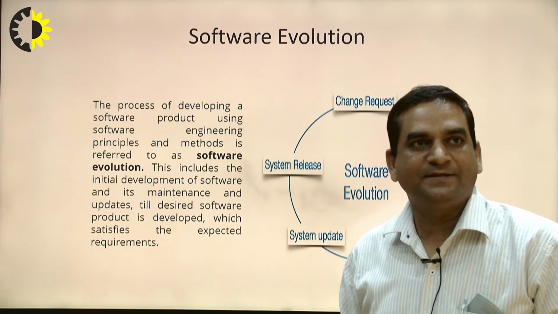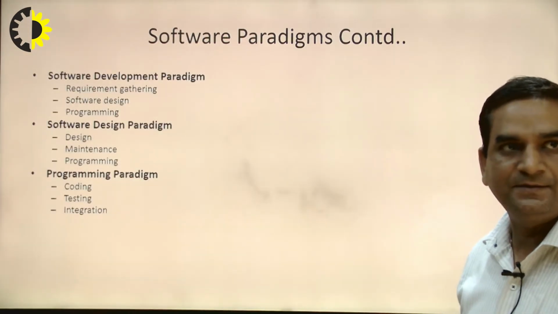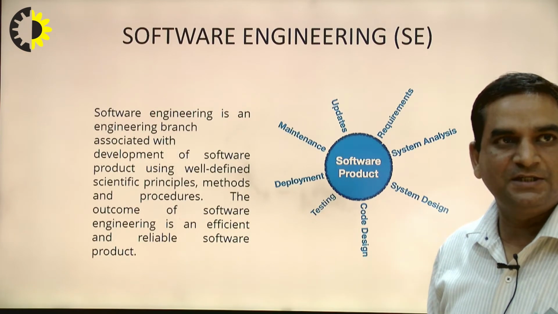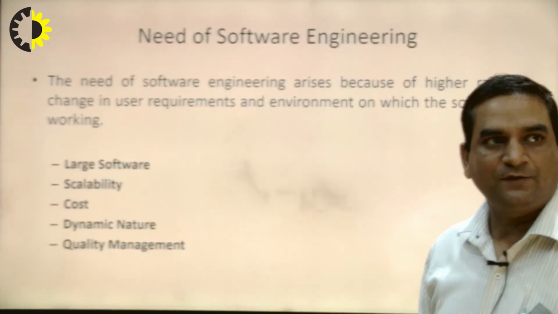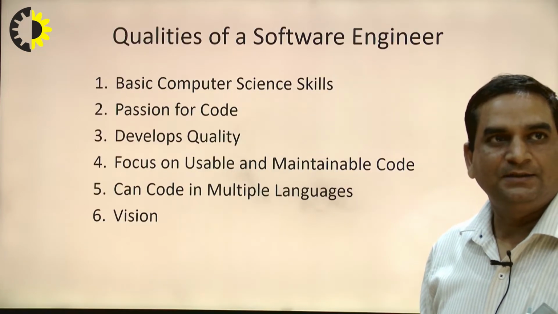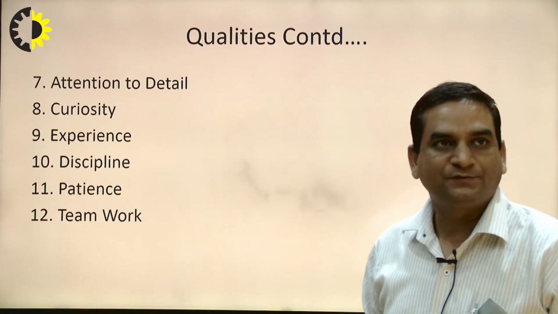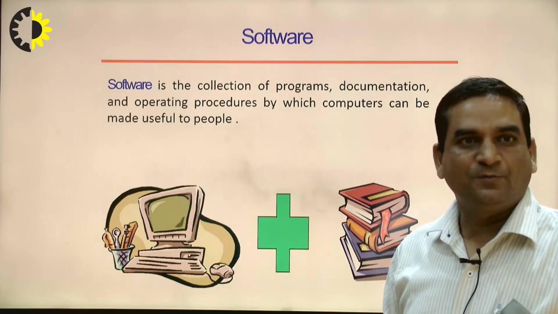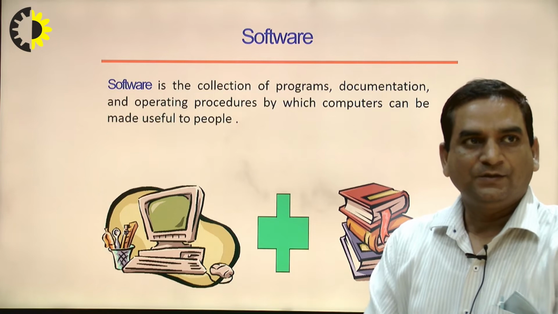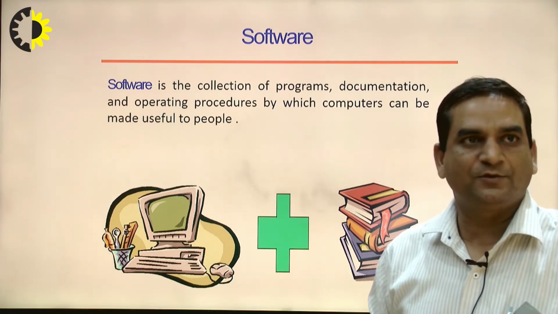We have already discussed software evolution and software paradigms, what software engineering is, the need for software engineering, career opportunities, and the different qualities of software engineering, software versus programs. Software is the collection of programs, documentation and operating procedures.